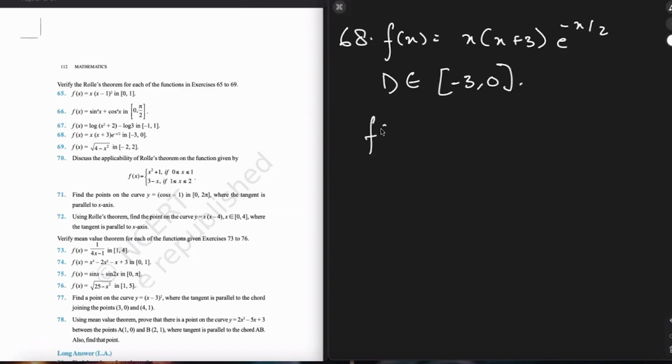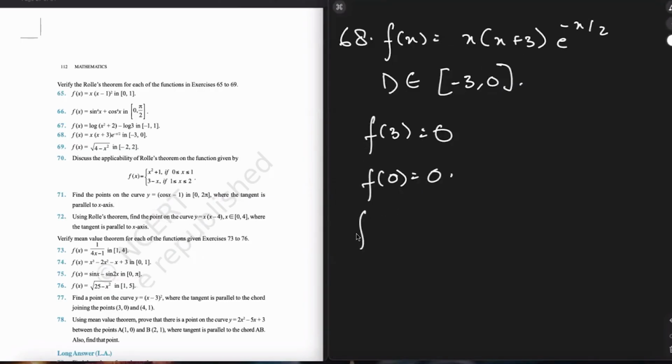On putting the value of minus 3, it will be a 0. And similarly for f(0), it will be a 0. So that satisfies our condition for Rolle's theorem to be applicable, right?